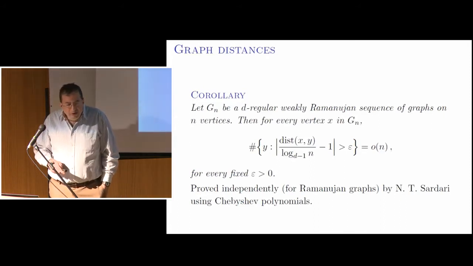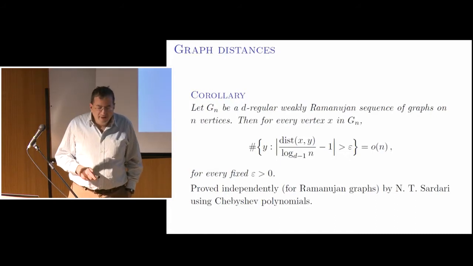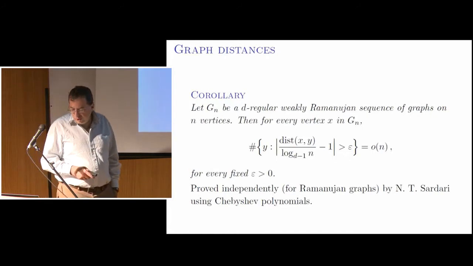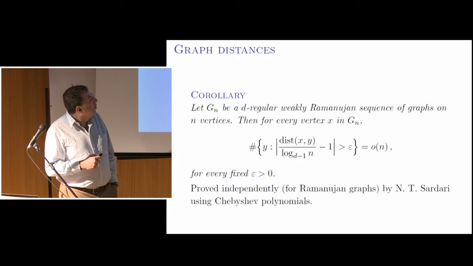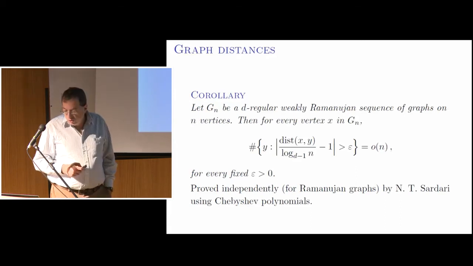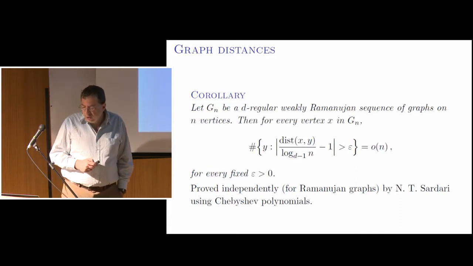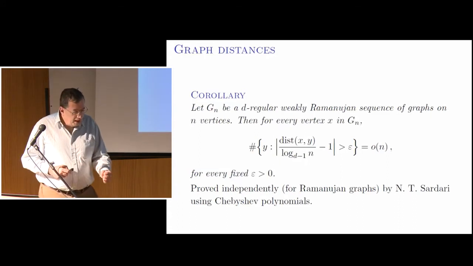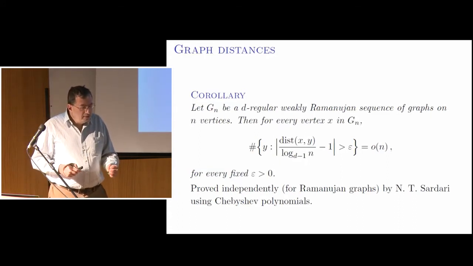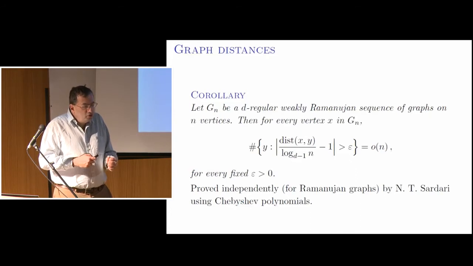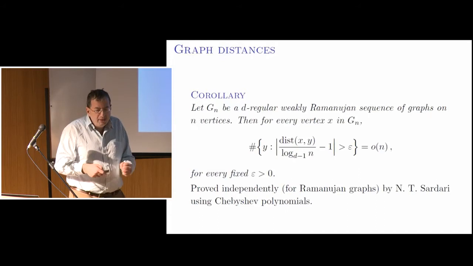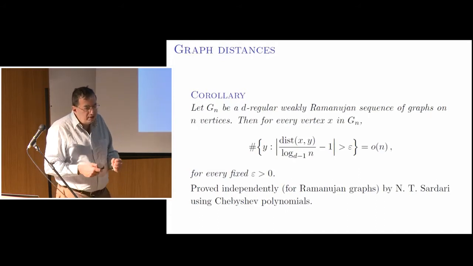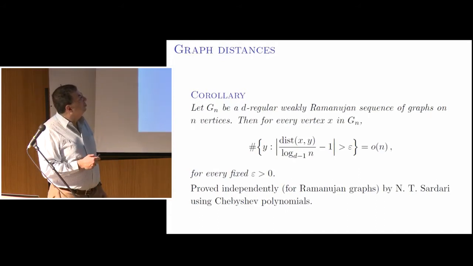One corollary, since combinatorics is the center here, one combinatorial corollary I want to mention is about typical distances. So if you take a Ramanujan or a weakly Ramanujan graph and fix any base vertex x, the diameter measures distance to the furthest y, but suppose I'm willing to give up a negligible fraction of vertices, then the distance becomes log base d minus 1 of n.